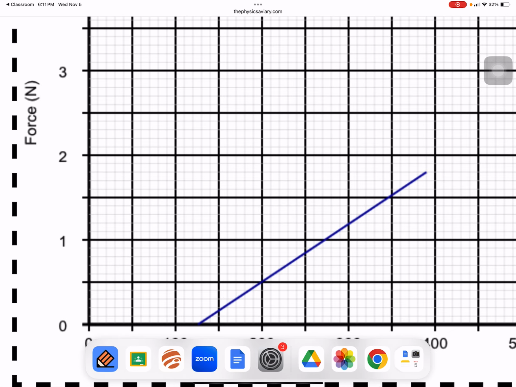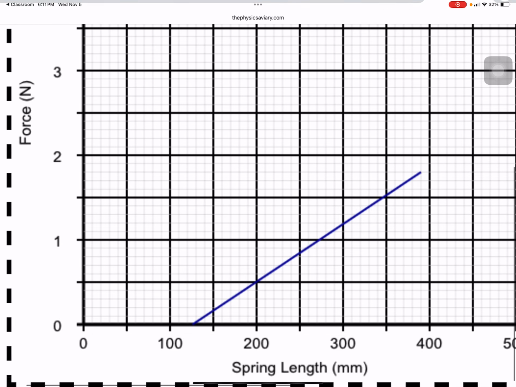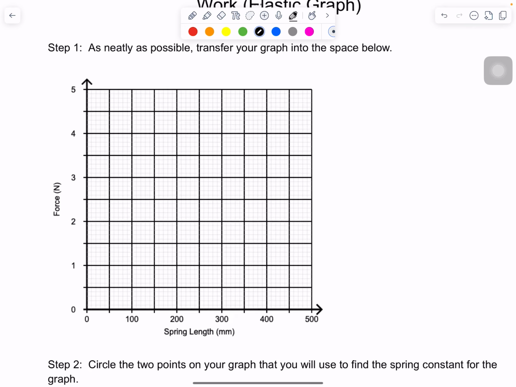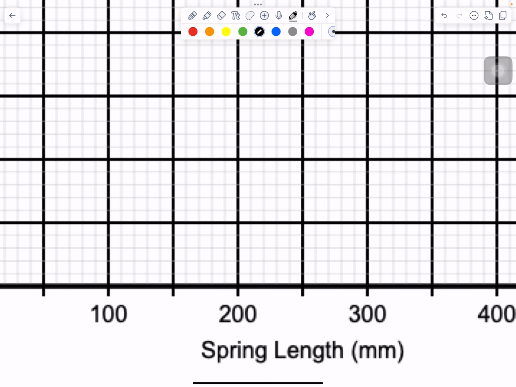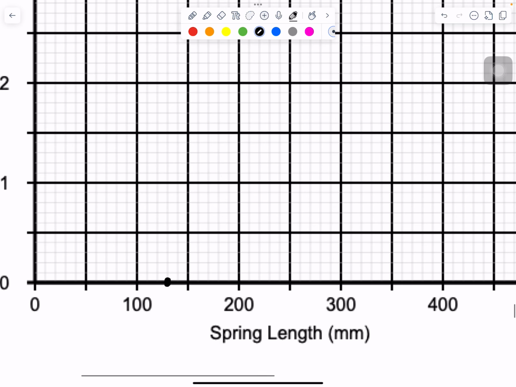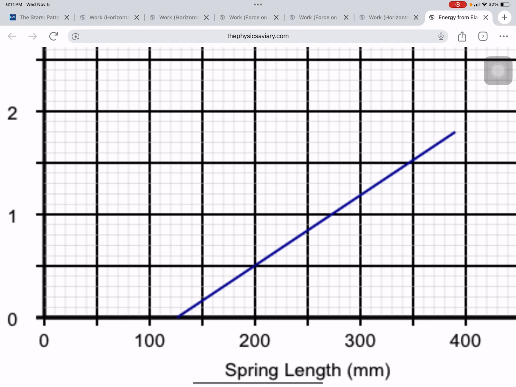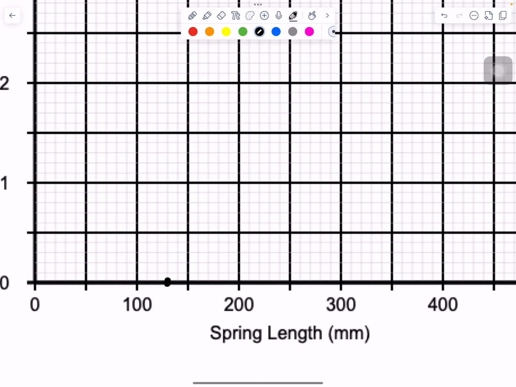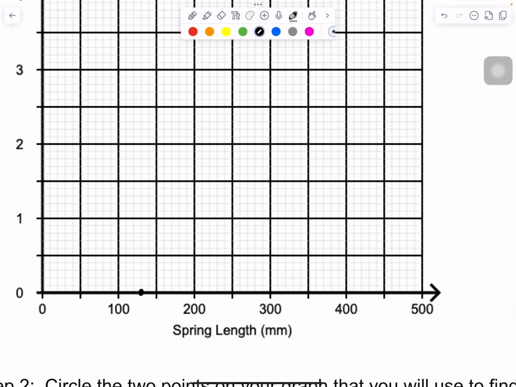So I'm going to make a dot at around 130, roughly 129, and another dot at 390 and 1.8. Connect them.